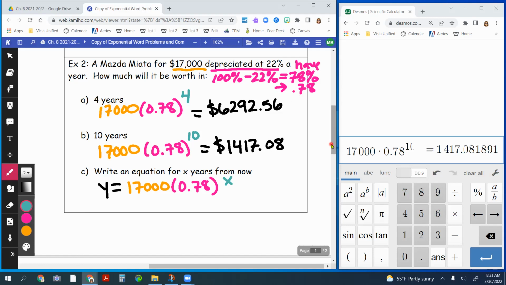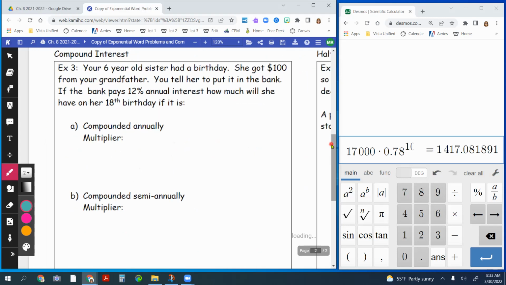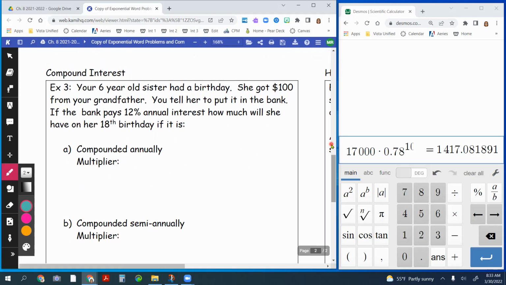So now on the next page, we're going to be dealing with compound interest. When we're dealing with compound interest, you need to remember there's a difference between simple interest and compound interest.